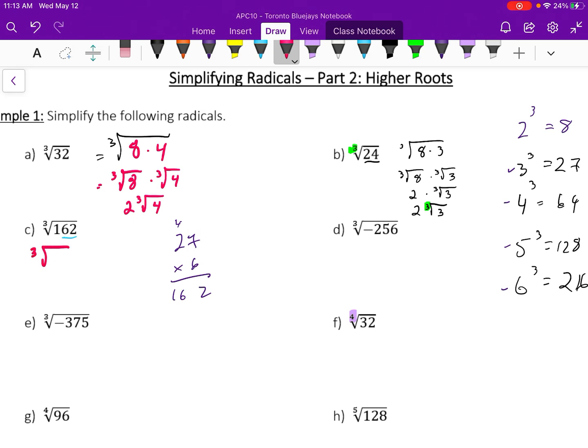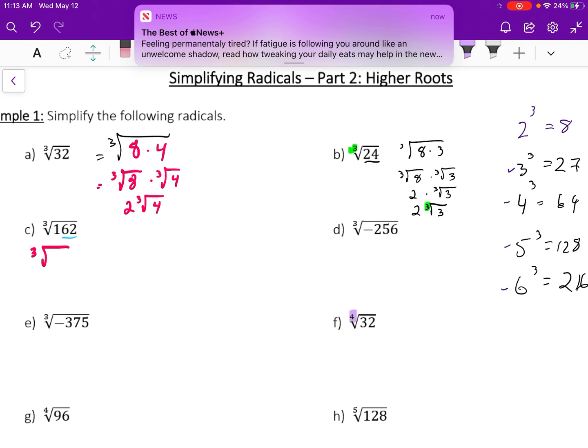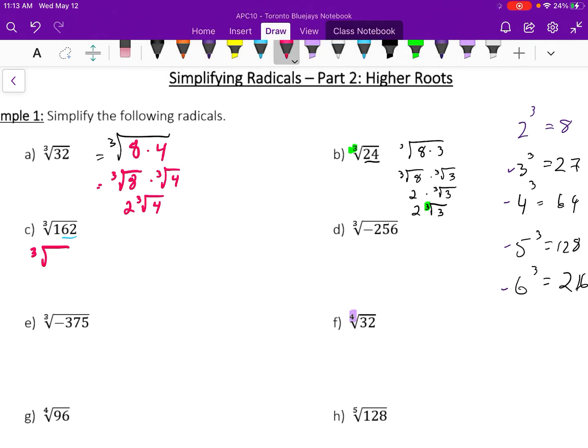So now, here's the question, how do you know? Well, one would presume that if a person's asking you questions about the cube root of 162, you can simplify. So this is the cube root of 162, and I just determined that this was 27 times 6.